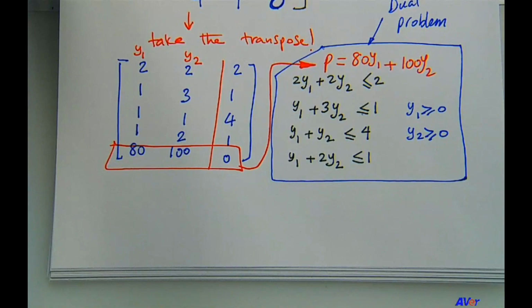Once we have the final tableau, then the values of x1, x2, x3, x4 are obtained from the slack variables. That's the main difference between this method and the method that you saw for the maximum problem.